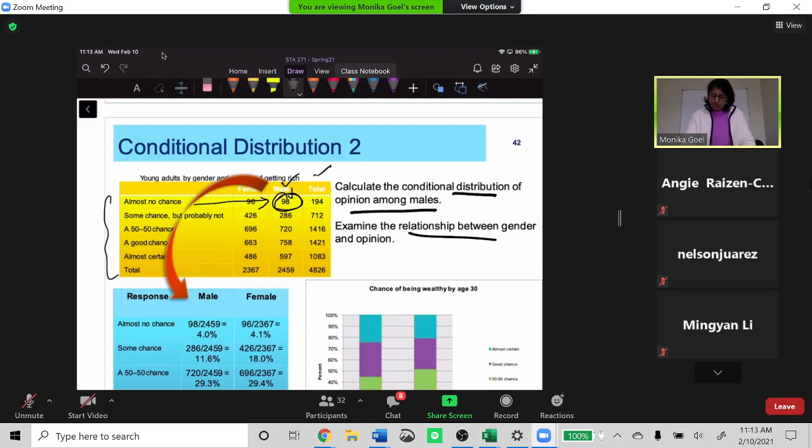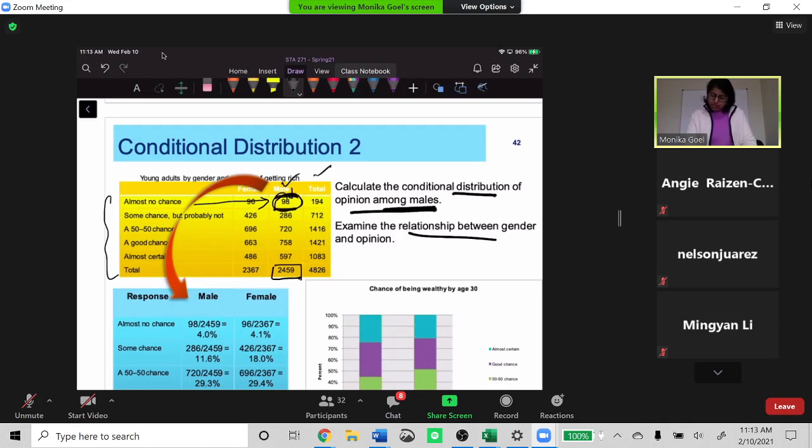And then, how many males were there altogether? So if I'm looking for the percentage of males, and it says among males, when I'm looking at the conditional distribution of opinion of the males, first of all, I need to know how many males there are. I know that there are 2,459 males. So what is the percentage of males saying almost no chance?